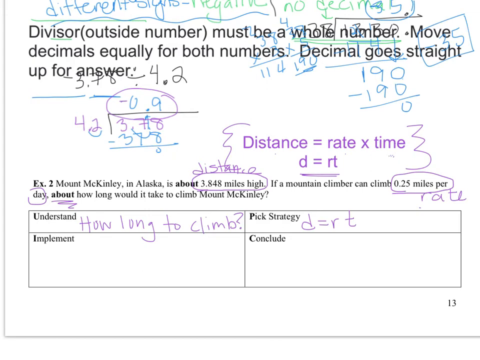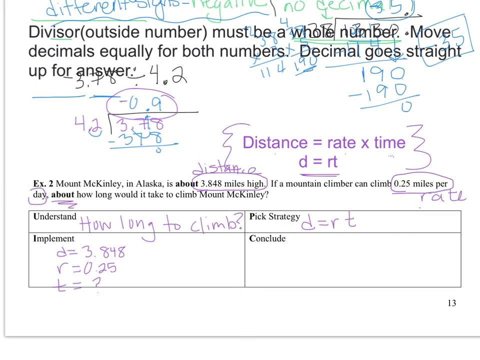So my distance, I understand it to be 3 and 848 thousandths. I know my rate is the 2,500ths miles per day. Okay, so every day he goes 1/4 of a mile. That's crazy. And then the time is our unknown. That's what we don't know, so that's our question mark, our variable we're solving for.